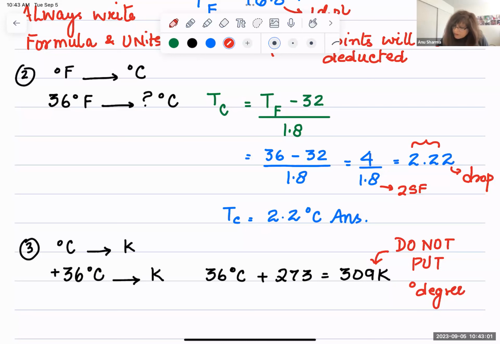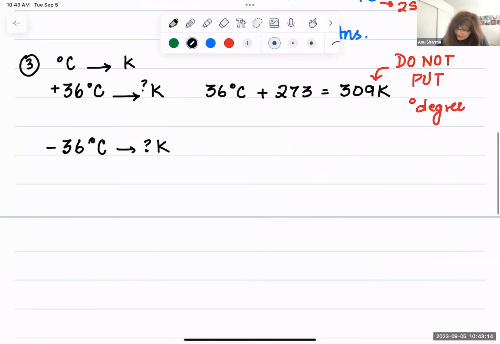So that's one thing. But on the other hand, if you have negative 36 degrees Celsius, how many Kelvin is that? Same rule: negative 36 degrees Celsius plus 273.